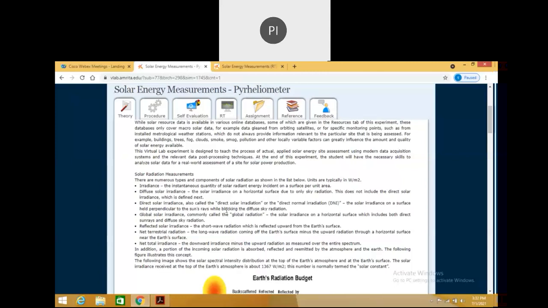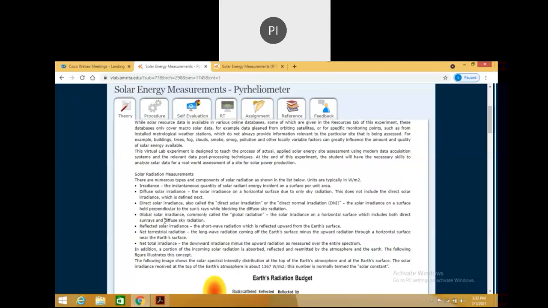It is the solar irradiance on a surface held perpendicular to the sun's rays while blocking the diffuse sky radiation. So, what are we going to calculate? Direct solar radiation, also called direct solar irradiance or direct normal irradiance, the solar irradiance on a surface held perpendicular to the sun's rays while blocking the diffuse sky radiation. We measure direct radiation without the diffuse sky radiation.